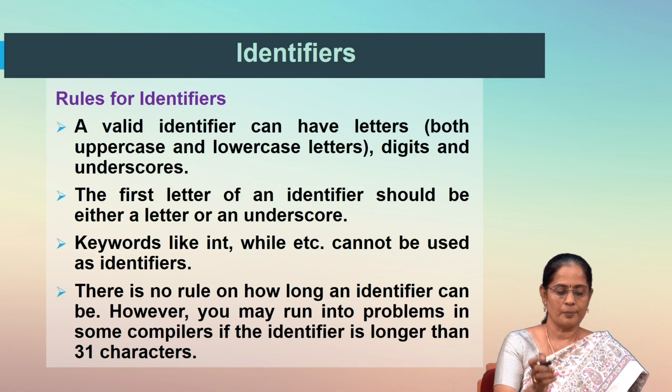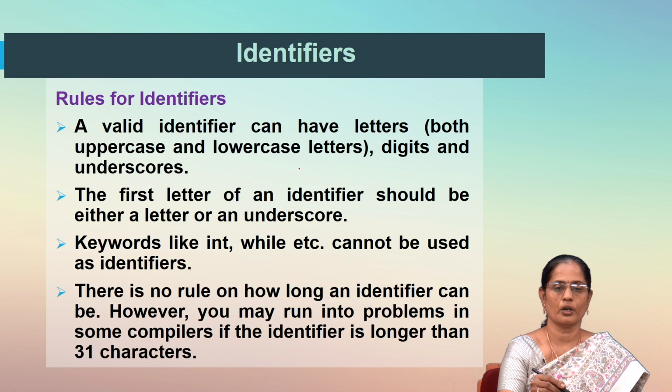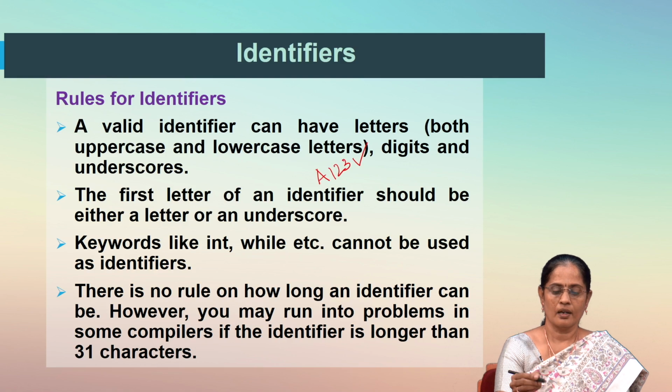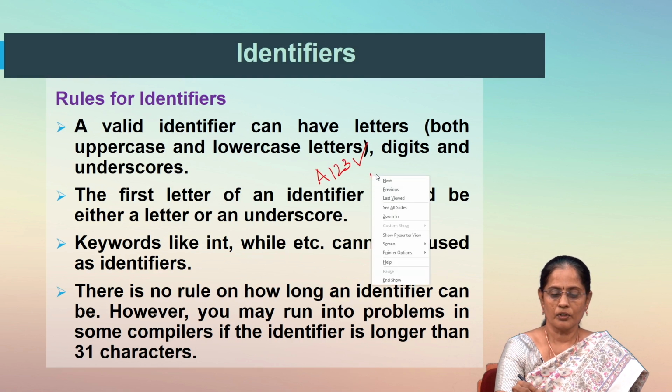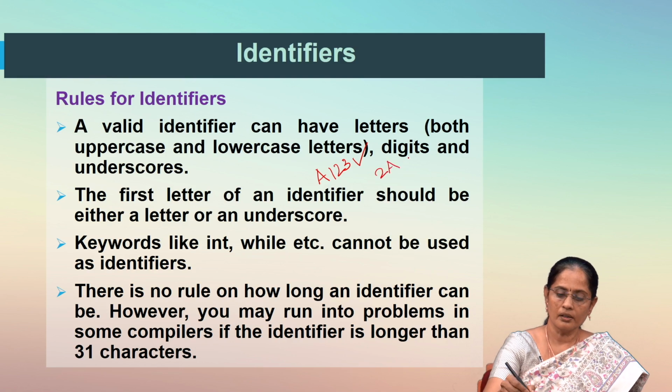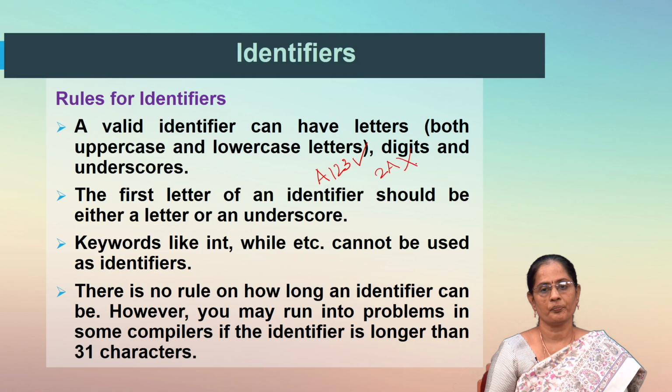So, it means that if I am going to use an identifier which is going to have digits, see the identifier named A123, this is allowed even if it has digits in the identifier, whereas the identifier with only digits, say like this, is not a valid identifier.